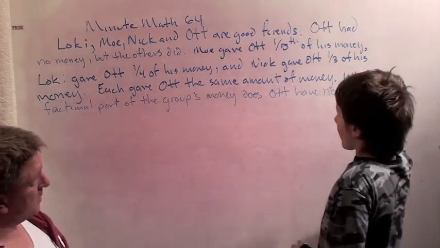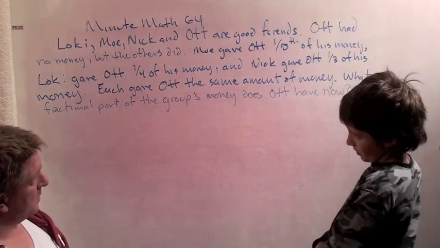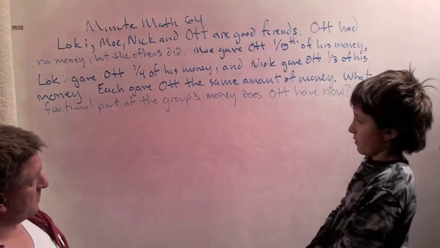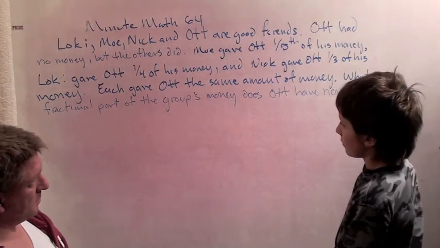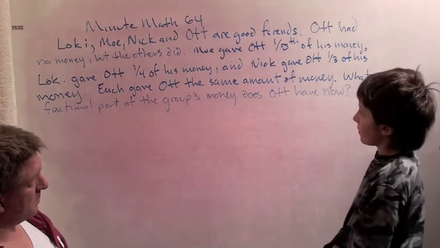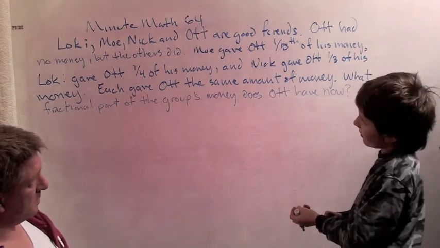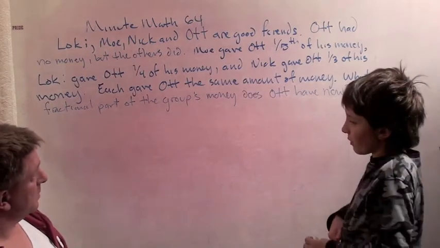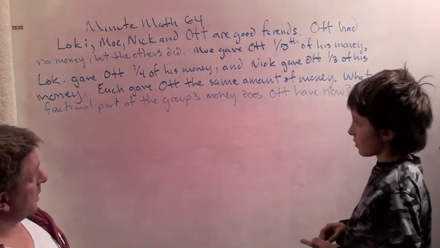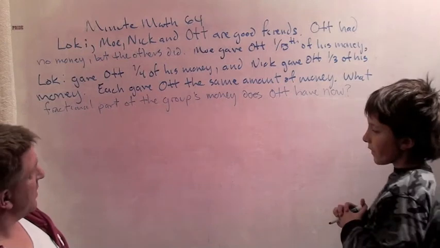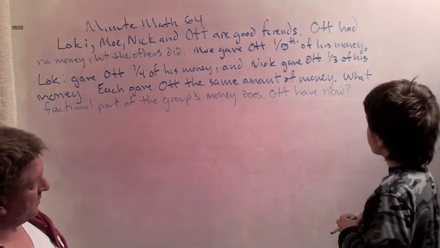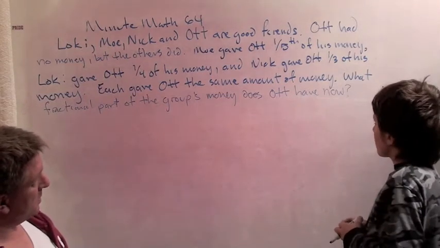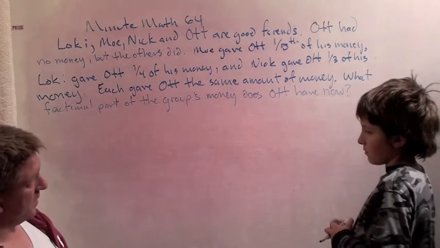Well, let's get all the fractions to a common denominator. That'll make it a bit easier. We could find out how much total money they have. What's the common denominator for 3, 4, and 5? It's 60.